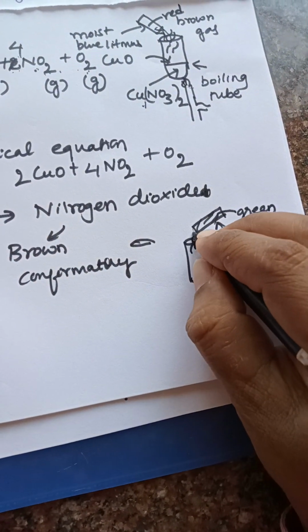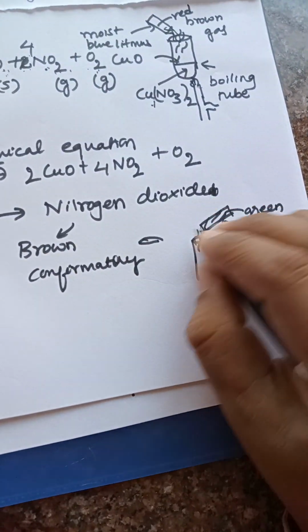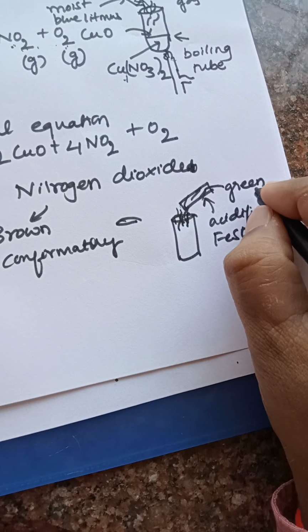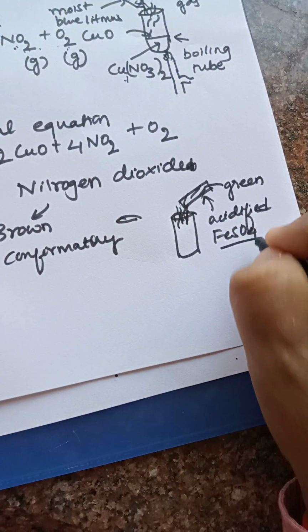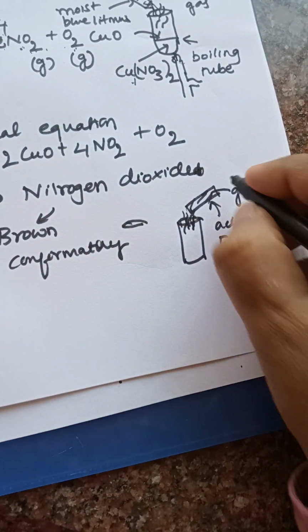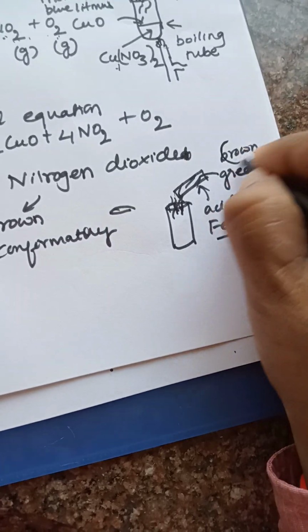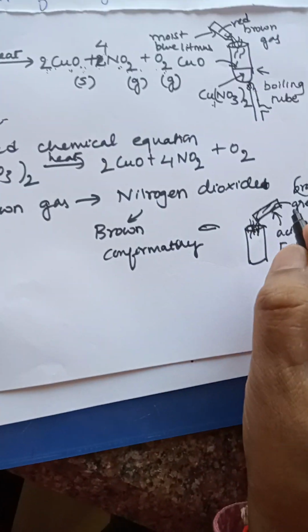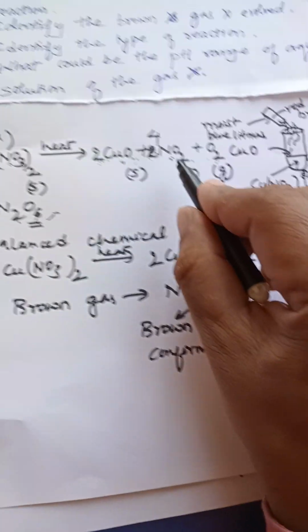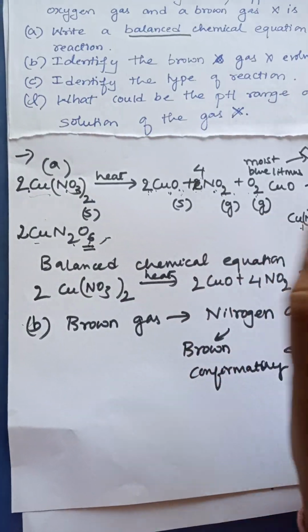When this gas, which is evolved in this reaction, comes in contact with this green colored acidified ferrous sulfate paper, it turns brown. The green color will turn to brown. In this way we can confirm that the gas in this reaction is nothing but nitrogen dioxide.